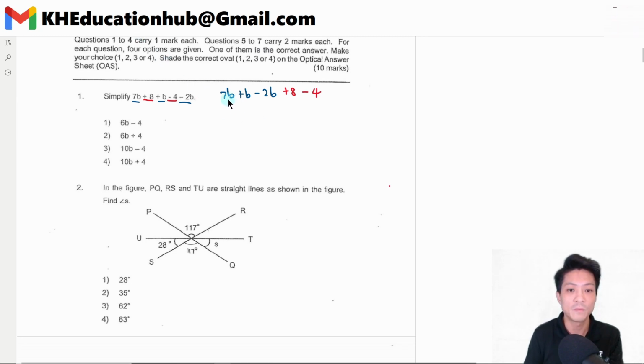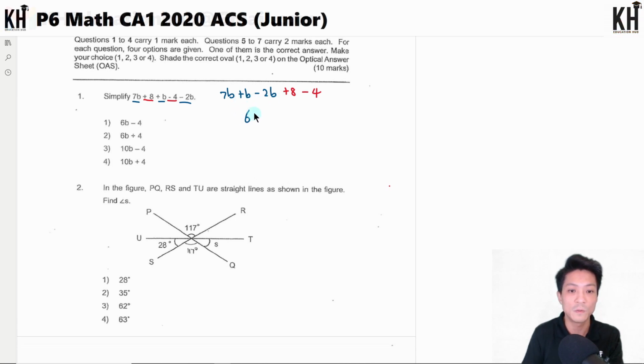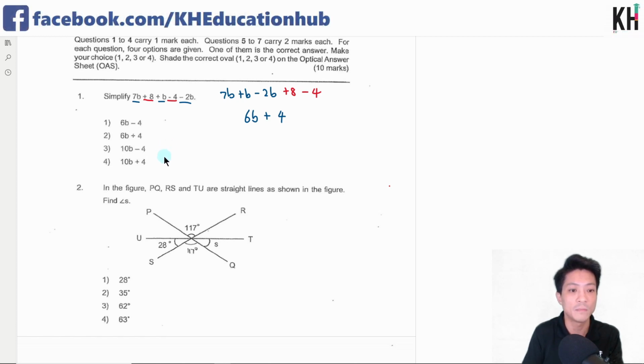So 7b plus b will give you 8b, 8b minus 2b will give you 6b, and 8 minus 4 will give you 4. Okay, so the answer will be 6b plus 4. Okay, number 2.